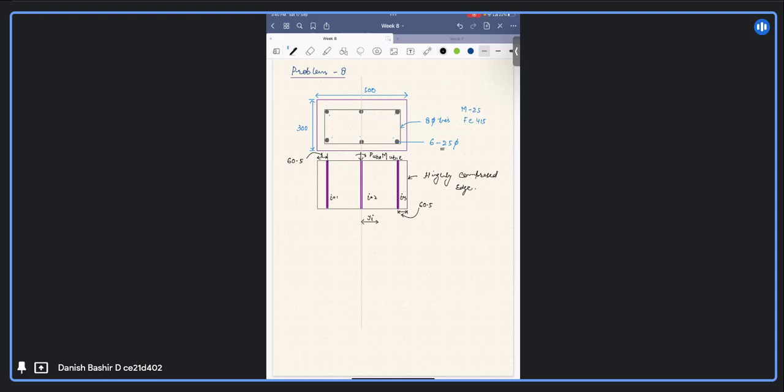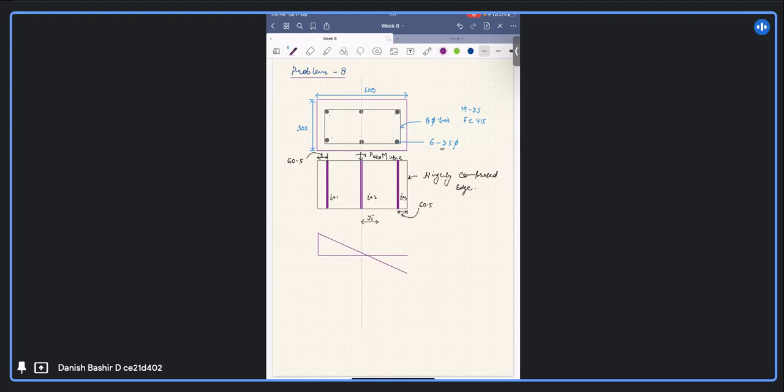So for this column section, we will draw the strain profile. The strain profile will be like this. We will have to close somewhere here.